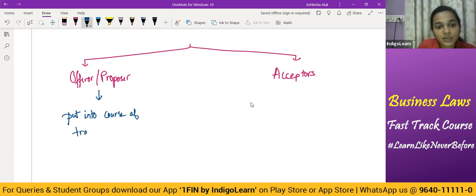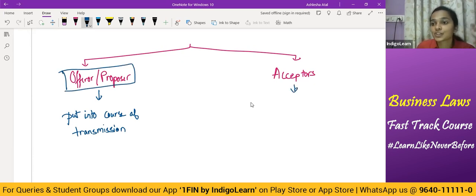That is when the letter is posted. That is the time when the communication of acceptance is complete from the offerer's point of view. However, from the acceptor's point of view, the communication of acceptance is complete when it comes to the knowledge of the offerer.